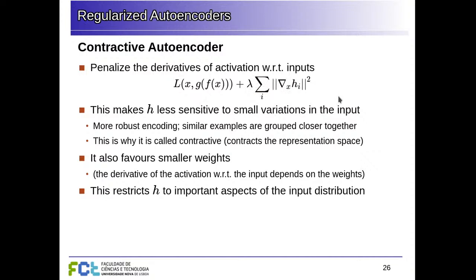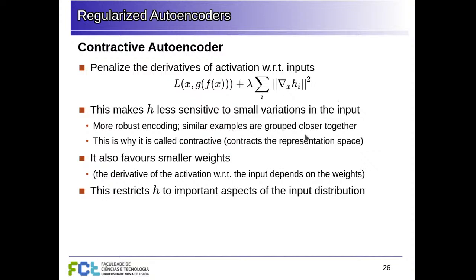So the network will learn representations that are more resistant to small variations in the input, and this will tend to bring together in the latent space all the inputs that are similar to one another, since the network will try not to make very large changes in the latent space representation if the inputs do not differ too much. And this is why it's called a contractive autoencoder, because this effect contracts the representation, bringing together those examples that are more alike.